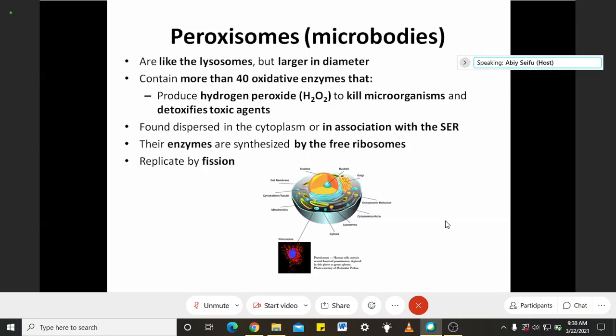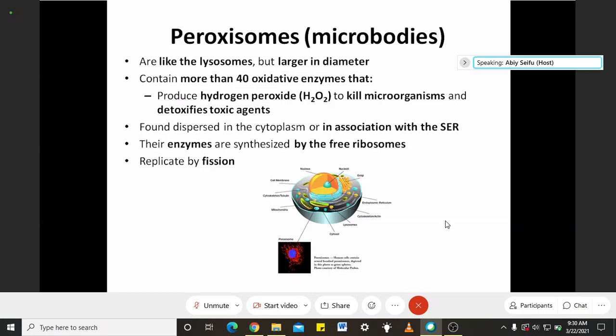So cells that are required to detoxify, such as liver cells, need to have a large amount of these peroxisomes or microbodies because they have oxidative enzymes able to produce hydrogen peroxide. Their ability to produce hydrogen peroxide specializes them to be involved in detoxification.